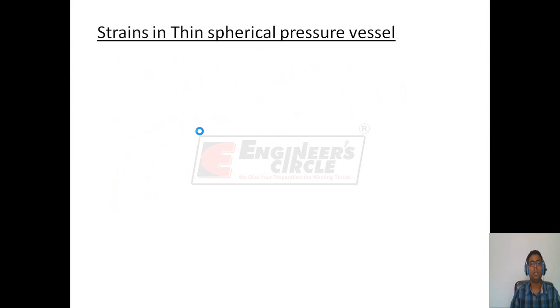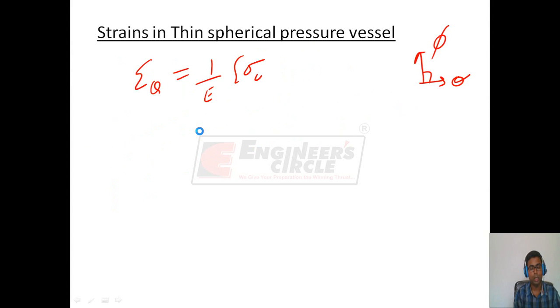Now strains in a thin pressure vessel. We have seen that theta and phi are perpendicular to each other. Therefore we can write epsilon theta as equal to 1 upon E into sigma theta minus mu times sigma phi, neglecting the radial stress sigma r.